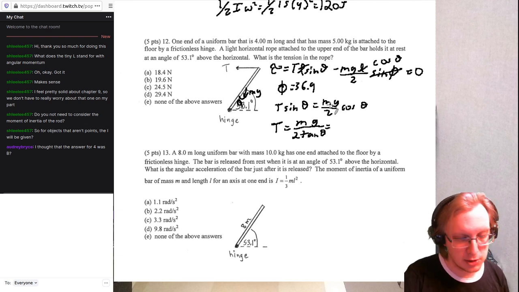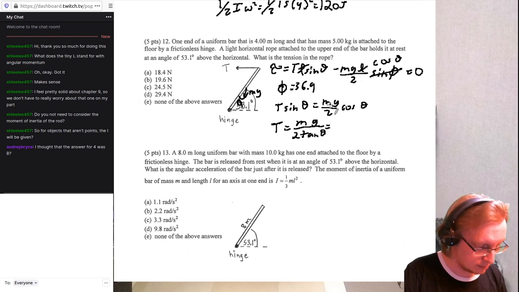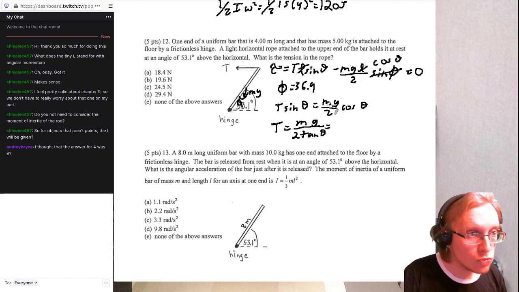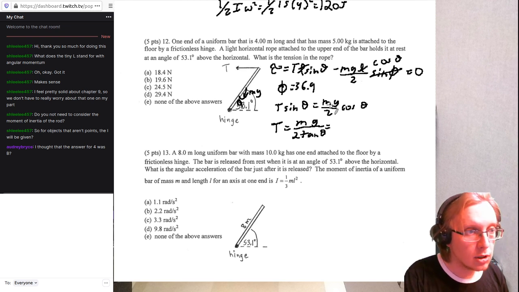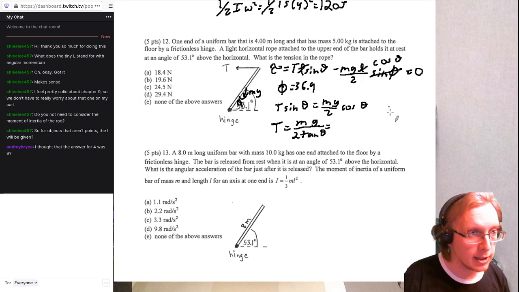I'll go ahead and punch the numbers in. Mass is 5 kilos times length of 4 meters divided by 2 times the tangent of 36.9 degrees. Nope, that's not right. Wrong angle. 53.1. There we go. That looks better. Nope.